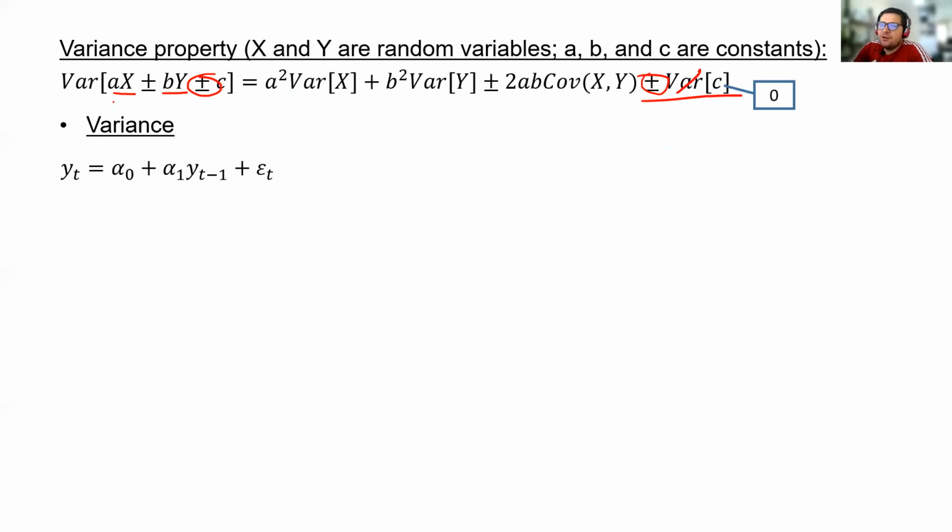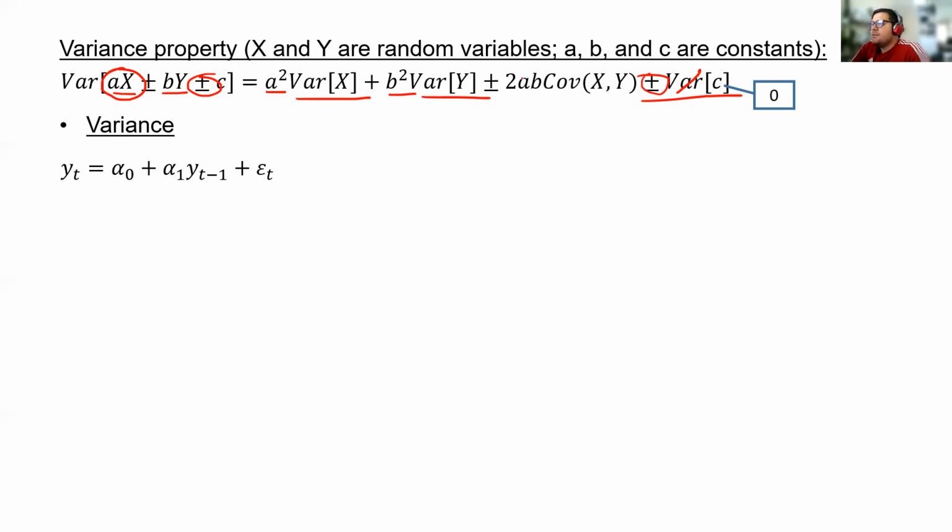So the first thing that you do is take the first term, grab the coefficient and square it, and then multiply that by the variance of the variable, in this case x. And you take the second term, grab the coefficient and square it, and then multiply that by the variance of that variable.